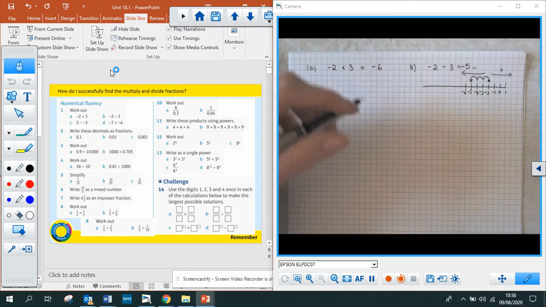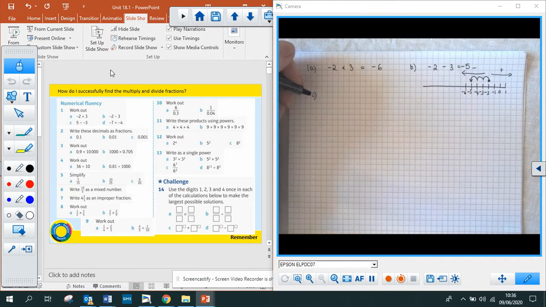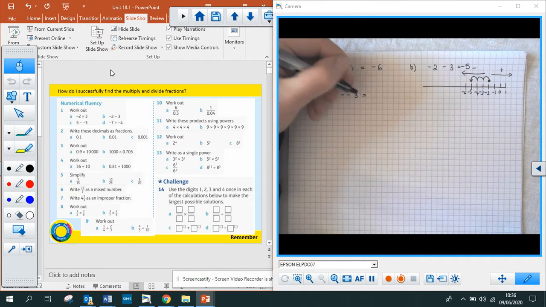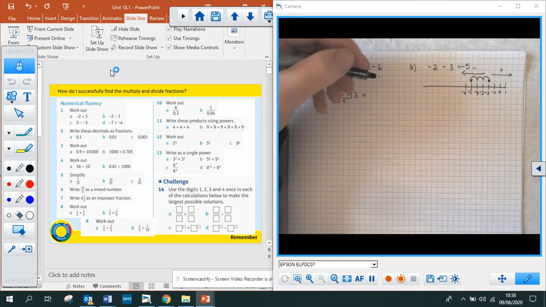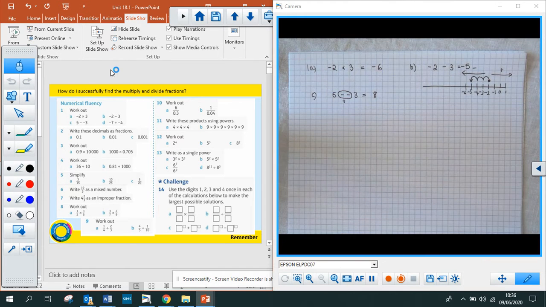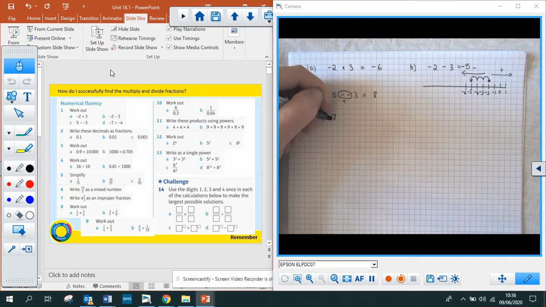For C, you've got to remember the rules now. We have 5 minus -3. When you see two minuses directly next to each other like that, they become a plus. So actually you're doing 5 plus 3, and that's 8. And then finally, for part D on question 1, you've got -7 plus -4.